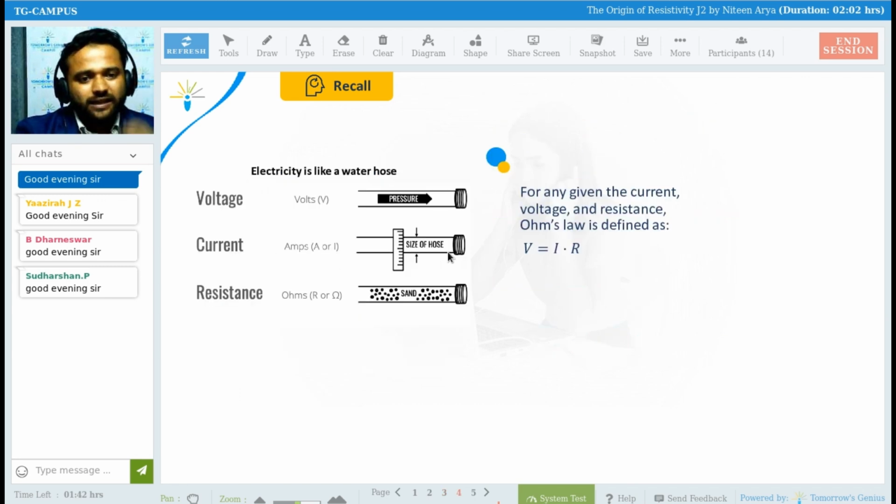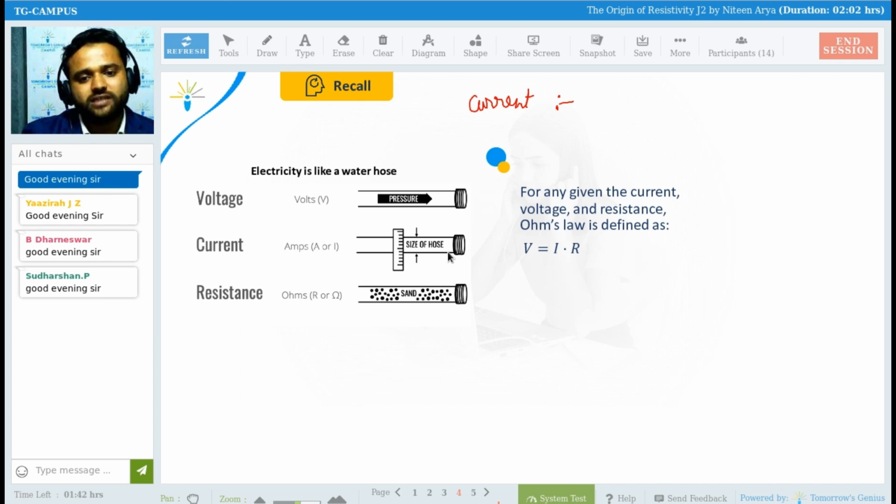Moving ahead, recall electricity is like a water hose, because in the previous class I told you the general definition of current. Current is the continuous motion of any particular thing, for example water particles or air particles; in the same sense, whenever charge particles move continuously in any particular medium due to the potential difference, that is known as electric current. So electricity is like a water hose: voltage gives the pressure, as in an electric motor or a particular pipe.